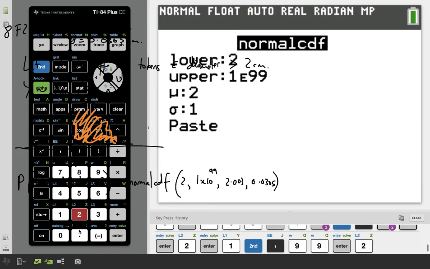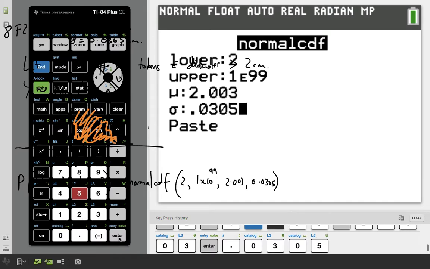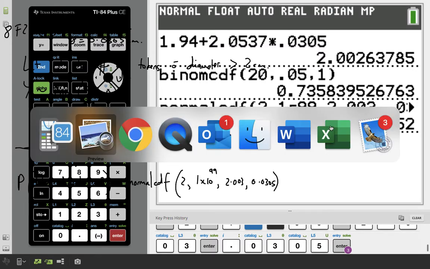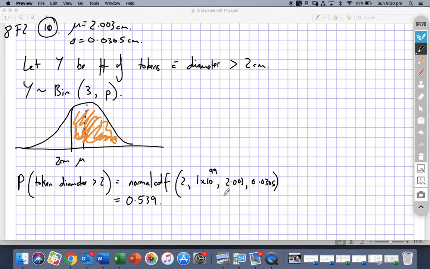The mean was 2.003 and the standard deviation is 0.0305, and we get a percentage of 54%, or probability 0.539. Let's go for that. 0.539. Okay, so now I can actually put a number in here. Right.